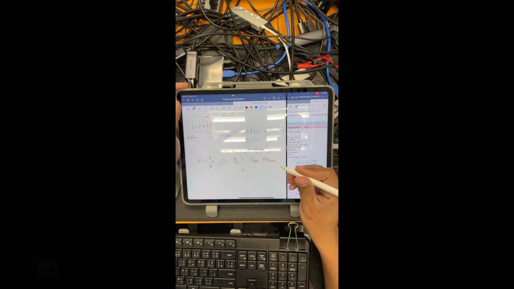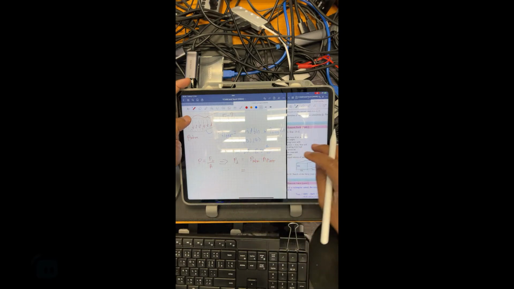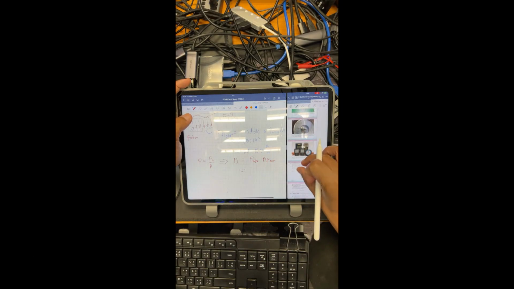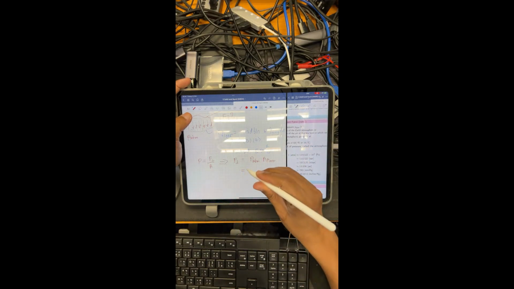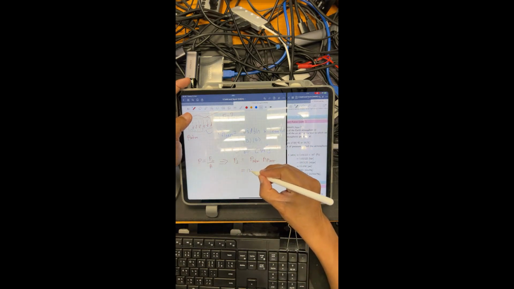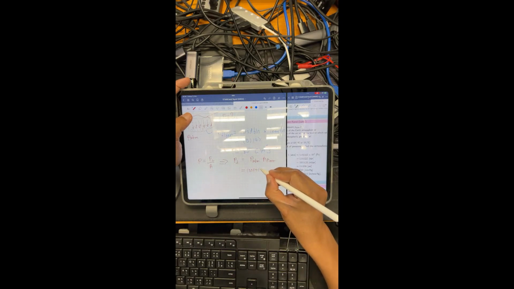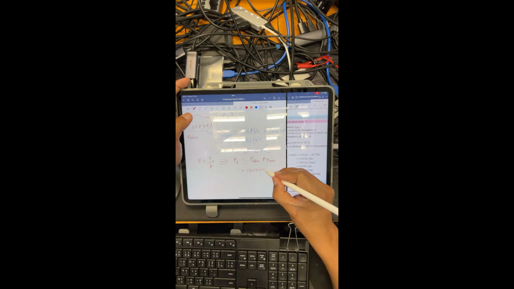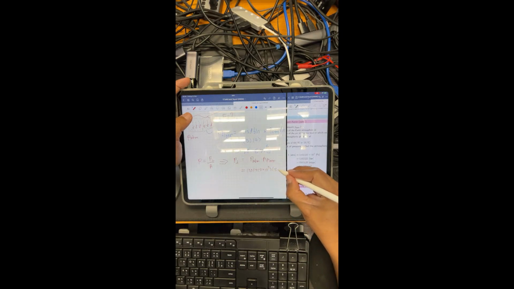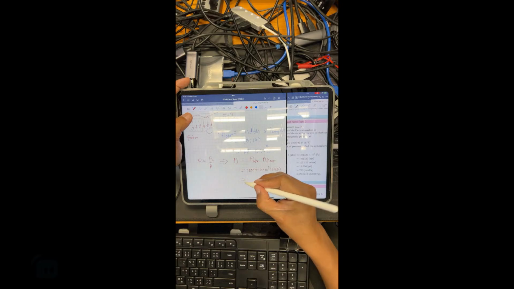And you would have ATM, right? As we know before, one ATM is this one. If you want to compute it in the SI system, you're going to use 1.01325 times 10 to the power of 5. And the area is 20 square meter.